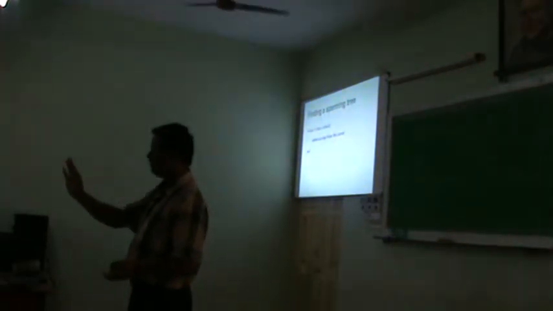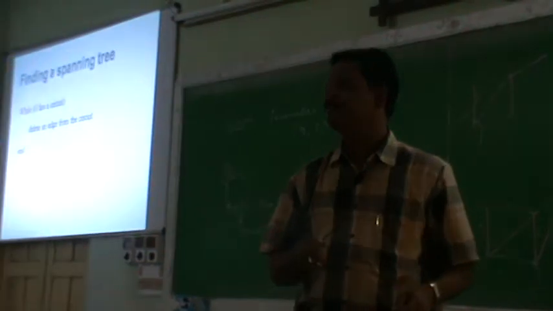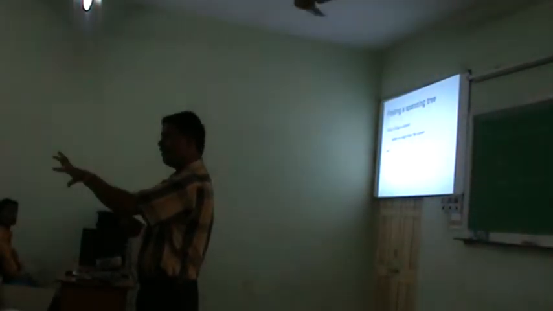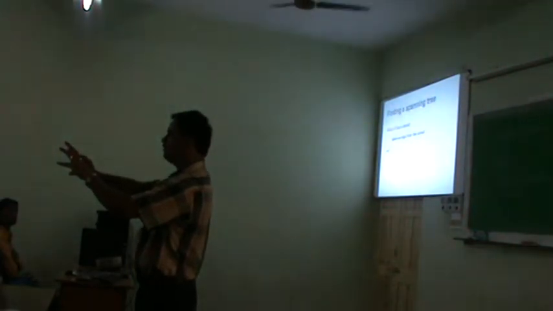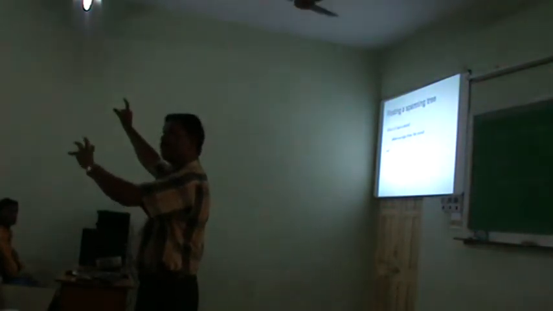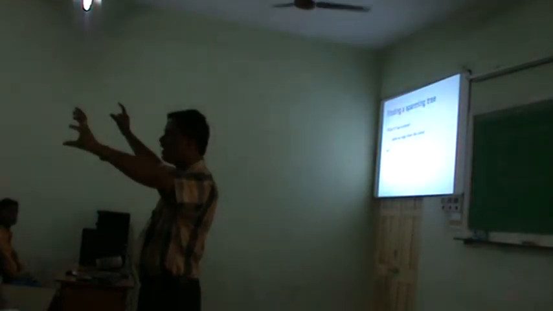When you say that this algorithm runs exactly so many times, then we denote it by theta. Understand? On the other hand, if the algorithm has the behavior that sometimes it runs more number of times, sometimes less, right?